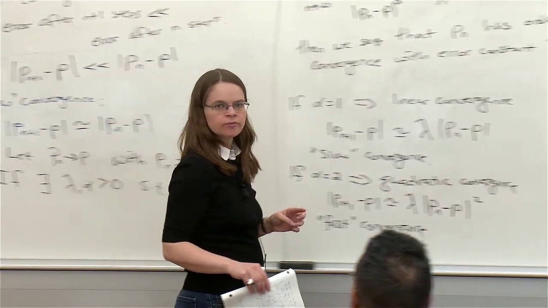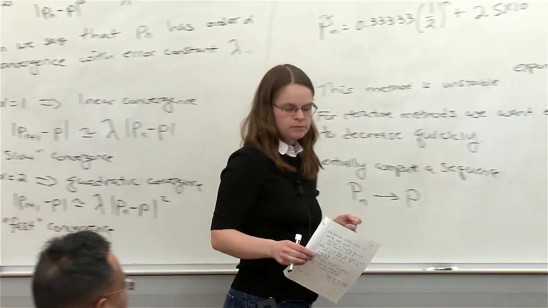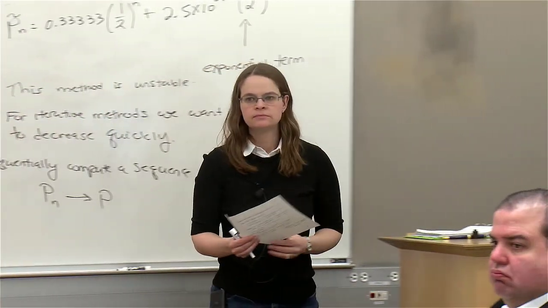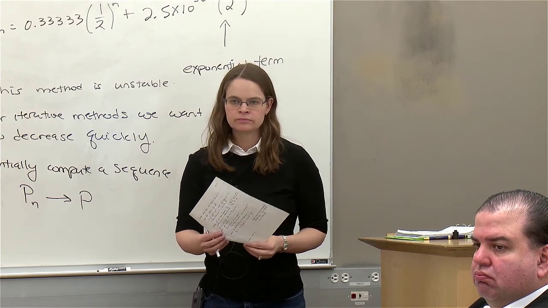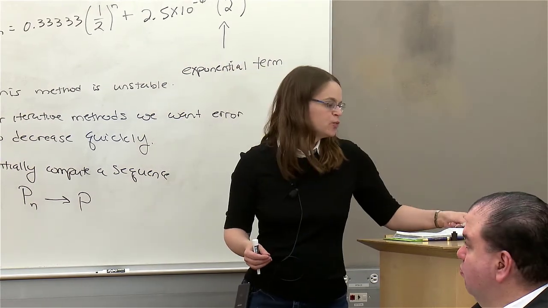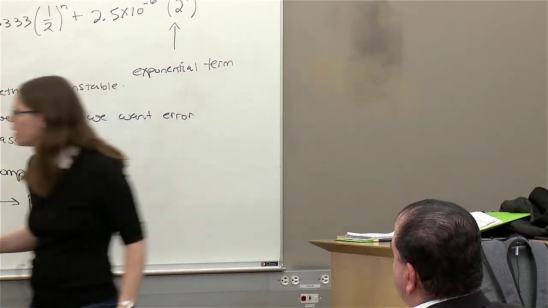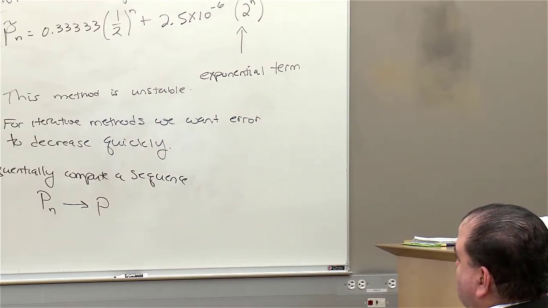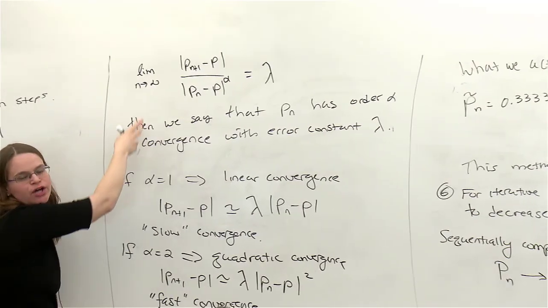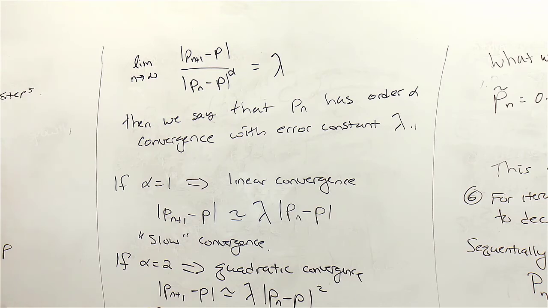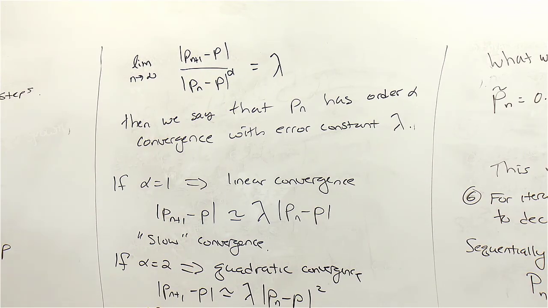Any other questions on this? Does the method always have just one rate of convergence, or can it change? What we care about is what happens in the limit. Whenever we're talking about rates of convergence, order of convergence, you don't care what happens when n equals 1 or when n equals 5.